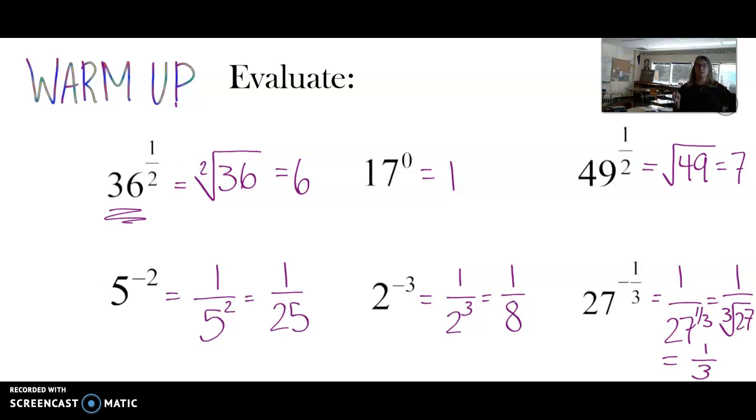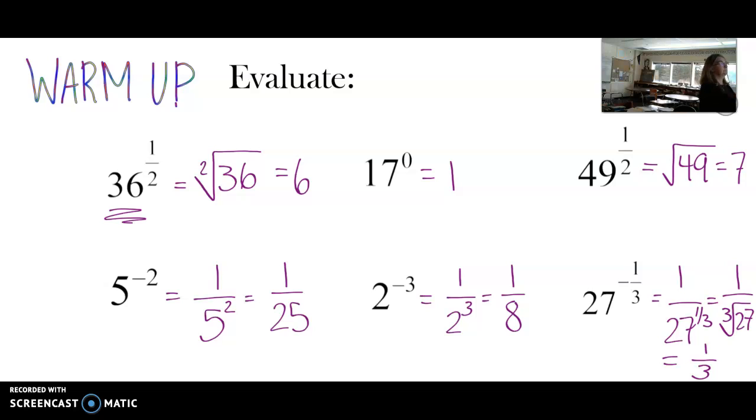When the index is 2, where it's a square root, we don't need to write the 2 in there because it's used so commonly. It's like when you have a positive number, we don't have to put a plus sign in front of it, but if it's negative, we need the negative in front of it. You're just going to assume that it is positive if there's no sign in front of it.